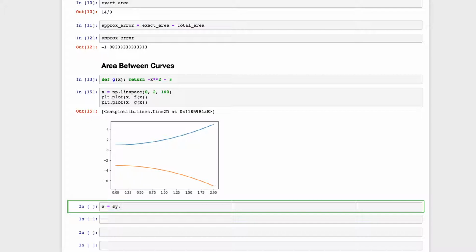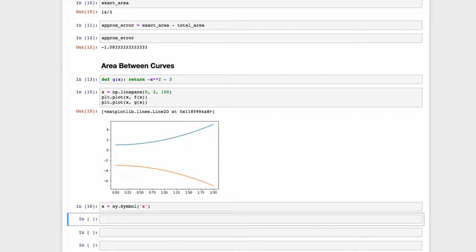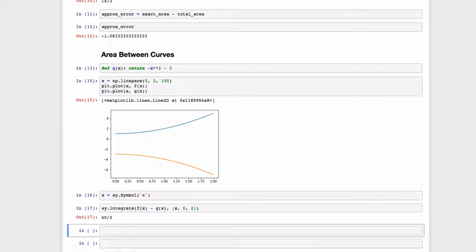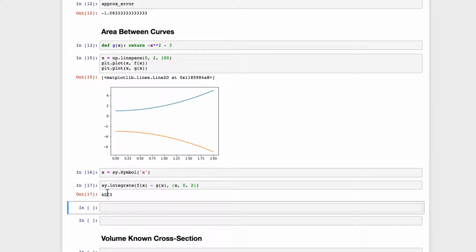So change back to my symbol. And now instead, I'll ask it to integrate f of x minus g of x in terms of x from 0 to 2, and we get a different value, okay, of 40 over 3.